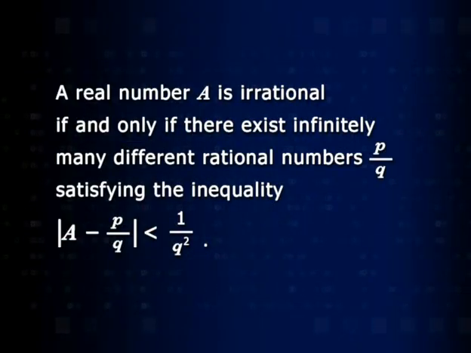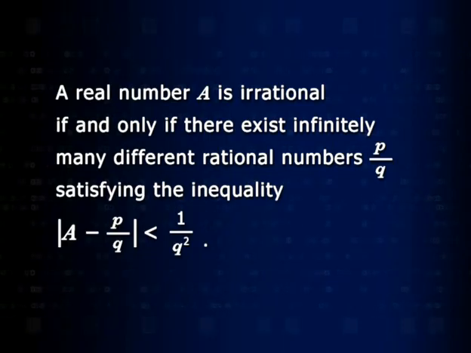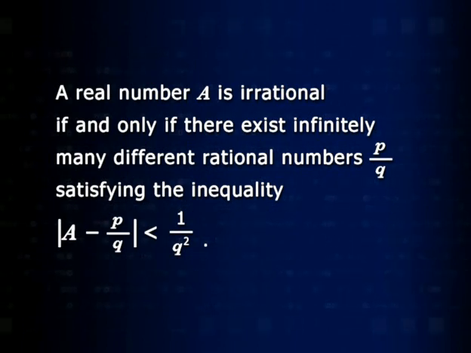Thus we come upon a Diophantine approximation definition of irrationality. A real number a is irrational if and only if there exist infinitely many different rational numbers p over q satisfying the inequality that the distance from a to p over q, the absolute value of a minus p over q, is smaller than 1 over q squared, or 1 over the denominator squared.